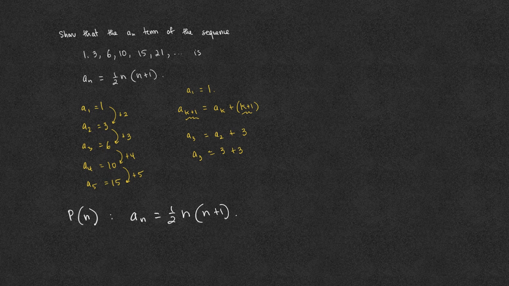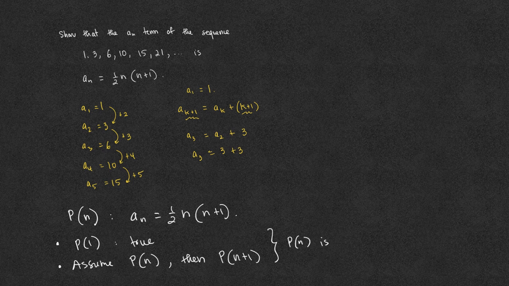We need to show that p sub 1 is true, and we need to show that if we were to assume it is true for p sub n, then it must be true for p sub n plus 1. If you can show these two cases, the base case, p sub 1, and the induction case, p sub n implies p sub n plus 1, then we can conclude that p sub n is true for all n, not just a particular n, but for all n.